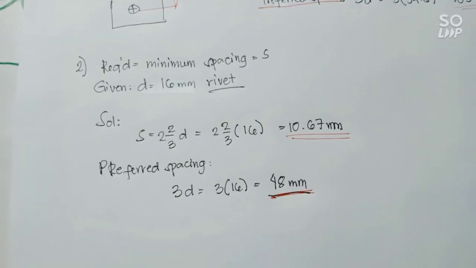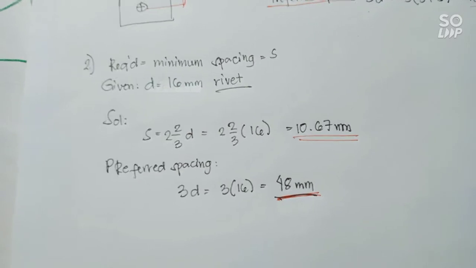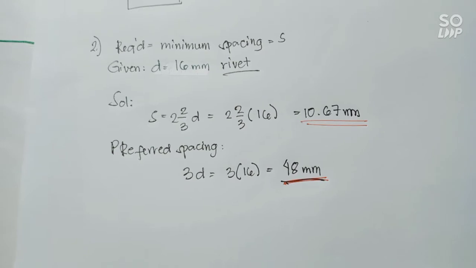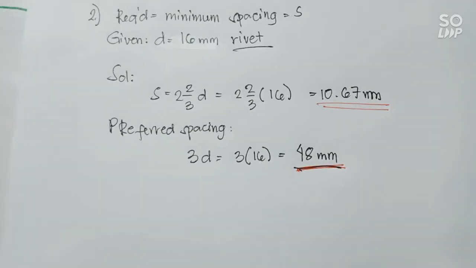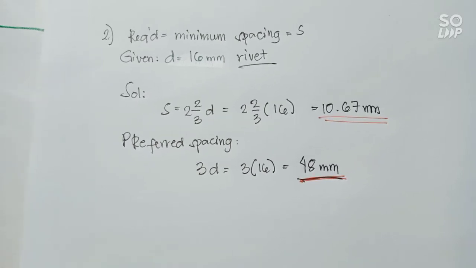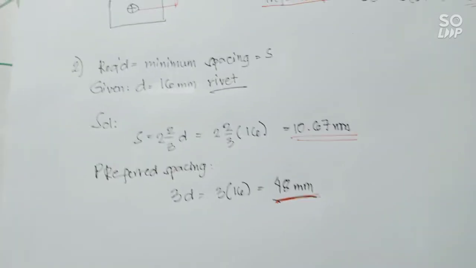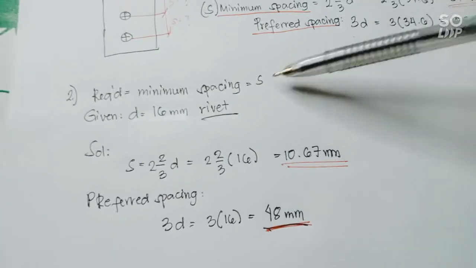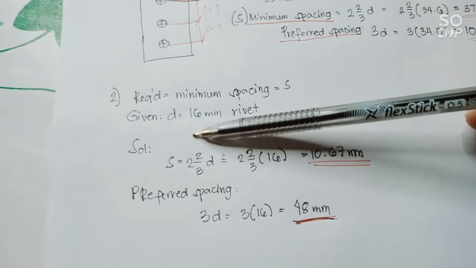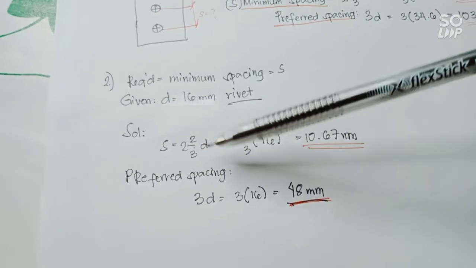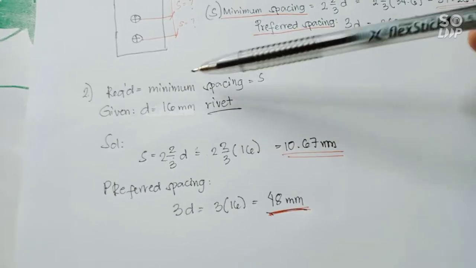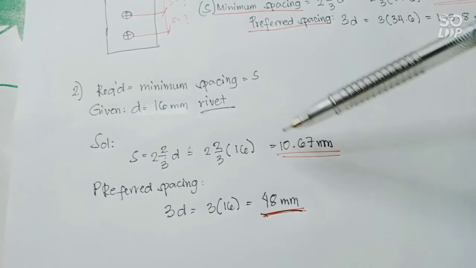In example number 2, the required is to find the minimum spacing given a diameter of 16 millimeter rivet. There's a condition that in a hot-driven rivet, the diameter and the hole are equal. So we don't add anything, it remains as is since they are equal. Proceed to the main formula, 2 2/3 diameter, substituting the 16 millimeter diameter.